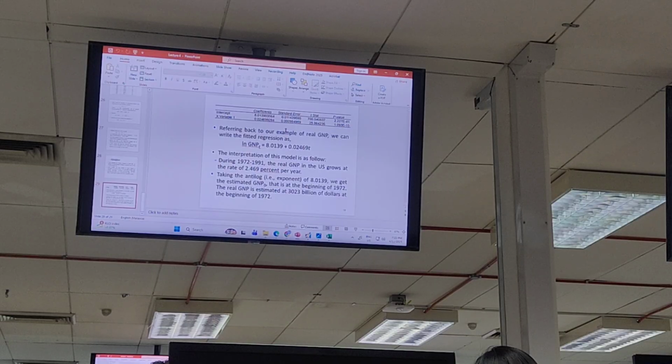Instead of wasting time to calculate, just take the value of the coefficient and use that as the estimate of growth rate. So the use of a log model, double log model, or semi log model will not give you the exact elasticity. For example, double log is not exact elasticity, but an approximate estimate of elasticity.